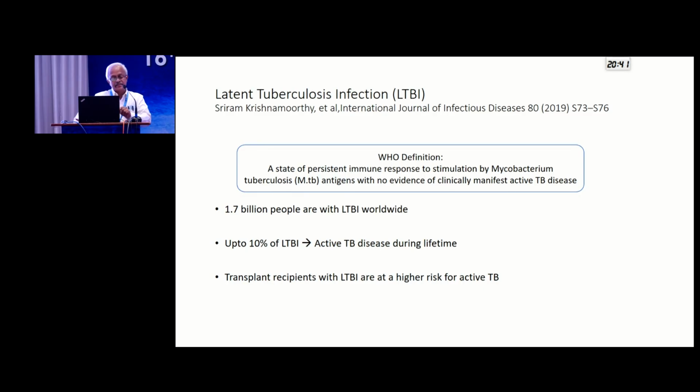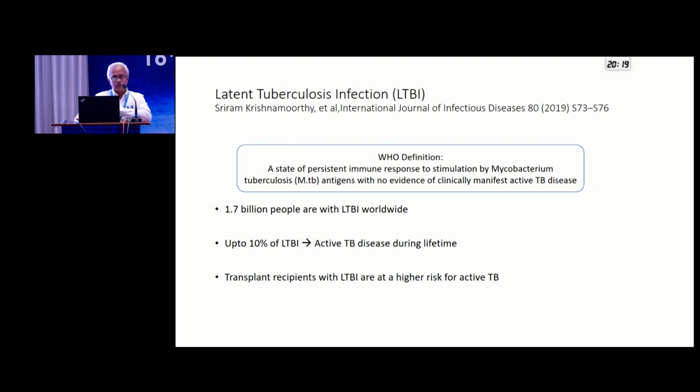And the worrying fact, based on many statistical modelings, in one of the papers from the Global Burden of Disease Collaboration, is that up to 10% of LTBI can progress to active tuberculosis disease at some point during their lifetime.